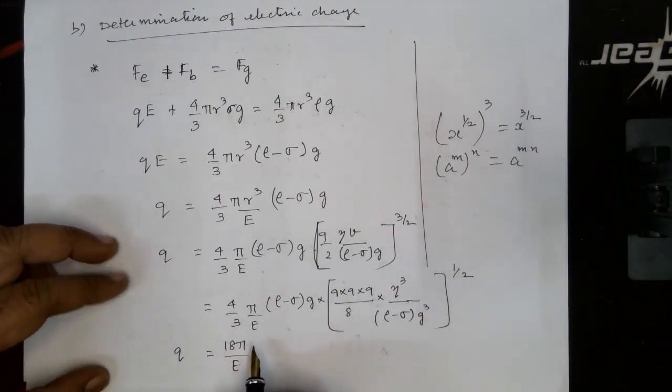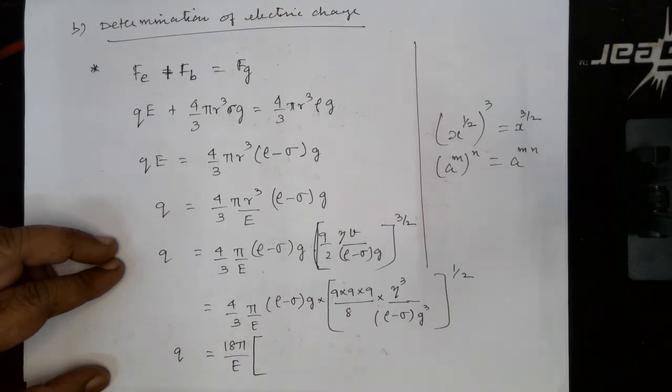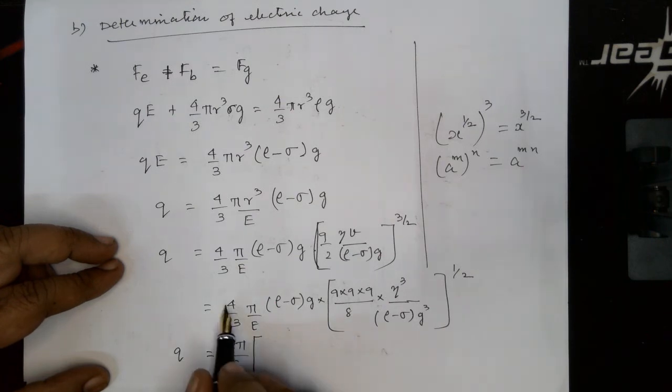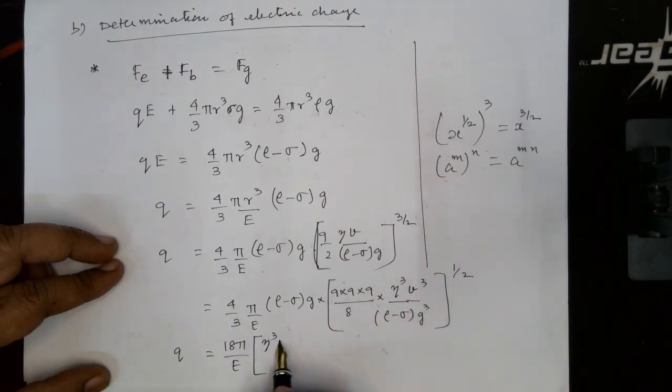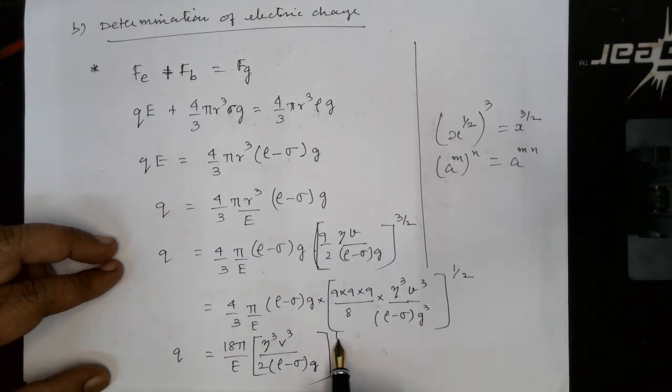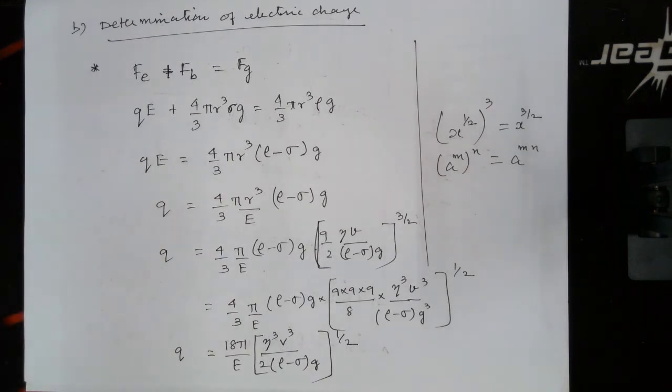Okay, so you can once again put, we can bring it inside so that we can cancel it, and I have taken this 9 also, cancel this and put 18, and 2, this is also cancelled, so I can put 2 here, and eta cube is already there, then v cube is there, and you have divided by 2 into, this can be brought here, therefore rho minus sigma and G, and once again you can put cleverly 1 by 2. Okay, so this is the way you can rearrange.